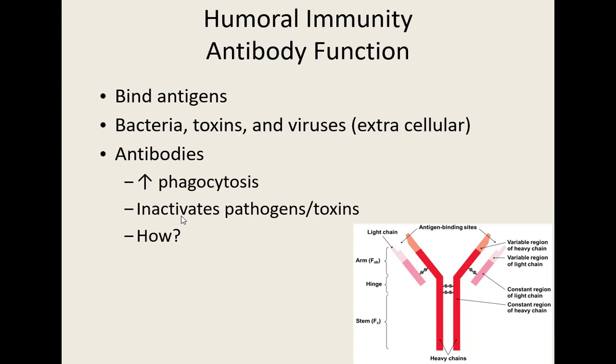The humoral branch, the B cells, the plasma cells, the antibodies, are really looking for extracellular pathogens. Things that are not inside of our cells. Things that are floating around somewhere in the body. They have not hijacked our cells. They're not hiding out in our cells.